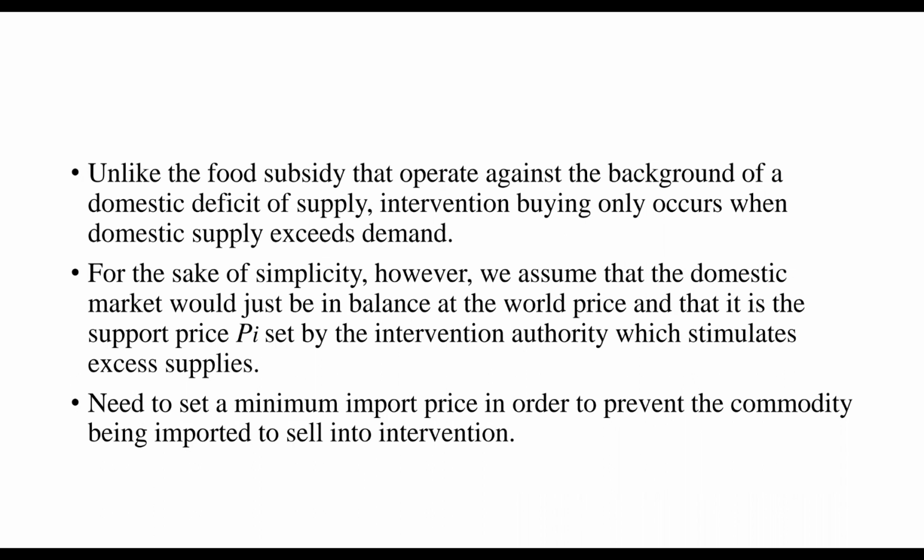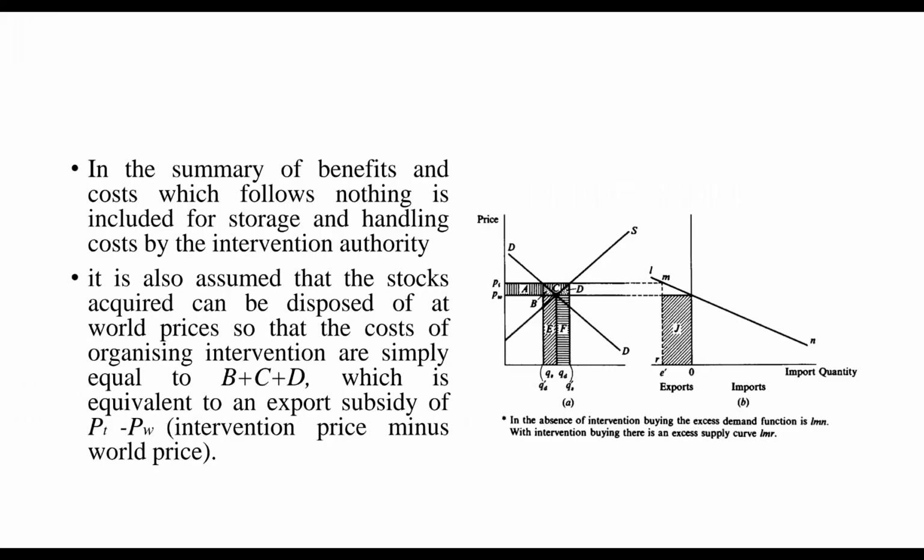Let's look at the summary of the benefits and the costs, which follows. Nothing is included for storage and handling costs by the intervention authority. It is also assumed that the stocks acquired can be disposed of at world prices, so that the cost of organizing intervention is simply equal to BCD.